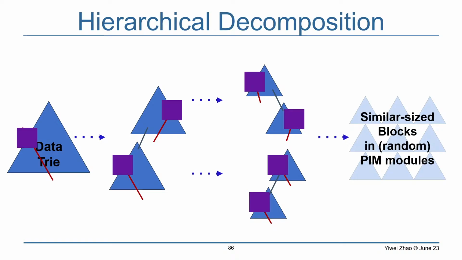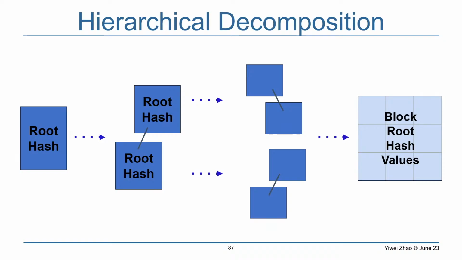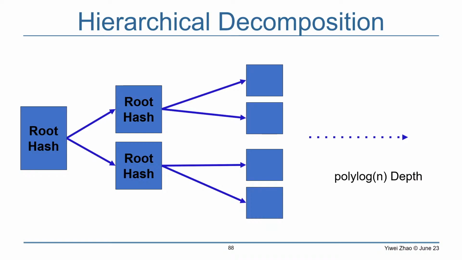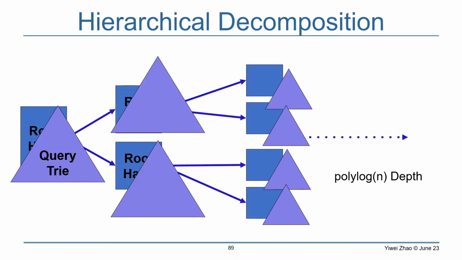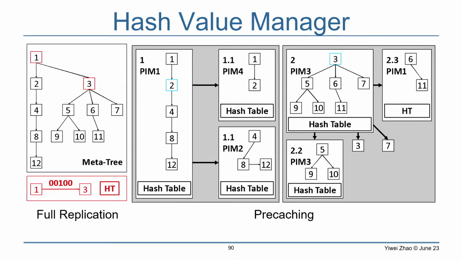At these cuts, you get a hash value, and you get a root hash value, so you have a tree. That tree has polylog depth. That's what we want. So for our query trie, we can decompose in the same way using this tree, so we can finally get these small blocks. That's the basic idea. I'm not going into the details. But this is what we have at the end in the PIM.